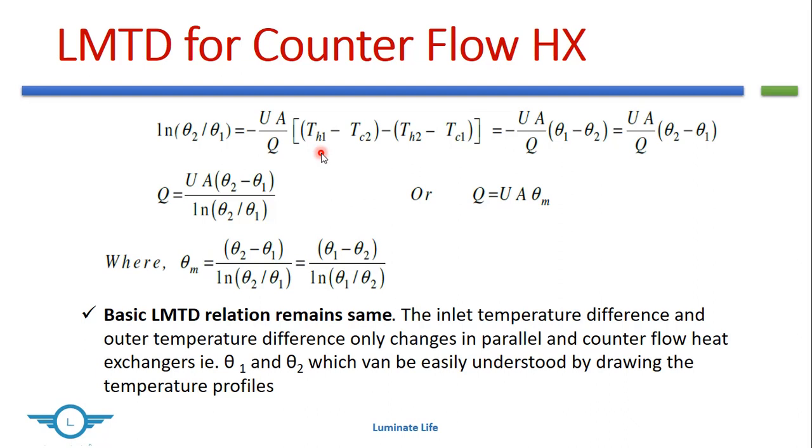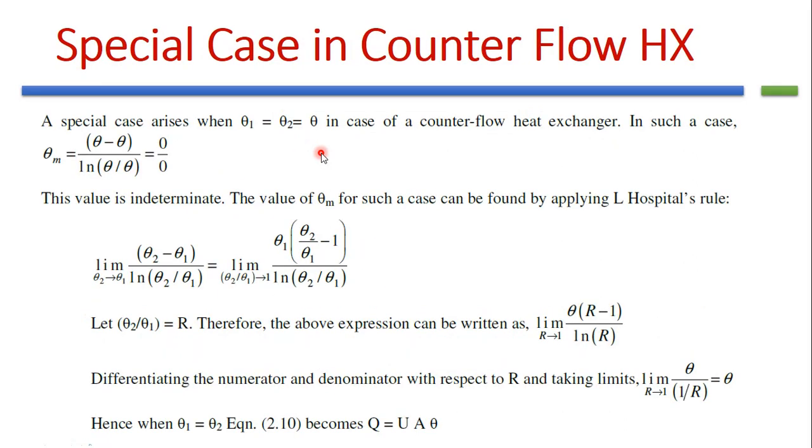So in analysis of heat exchanger, it is quite necessary to first draw the temperature profile based on whether the heat exchanger is a parallel flow or a counter flow. Now in this counter flow, there arises a peculiar case when the theta 1 and theta 2 values are the same. In that case, the LMTD becomes an indeterminate form. You might have learned about this in your mathematics classes.